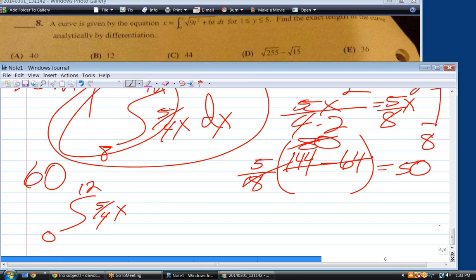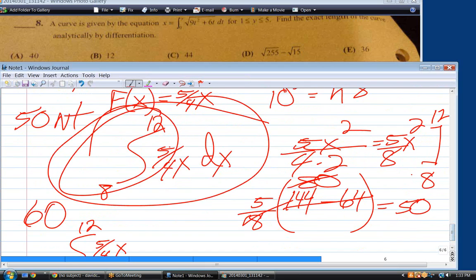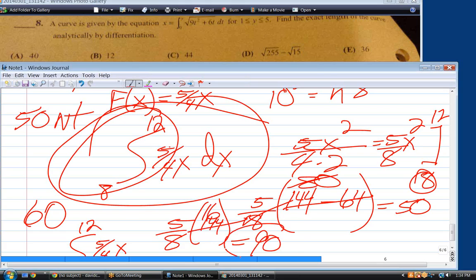So from 0 to 12, I guess it's the same thing except 0 to 12. So it's 5/8 of 144. Eight goes into 144 16 times, and that's how they got 90.